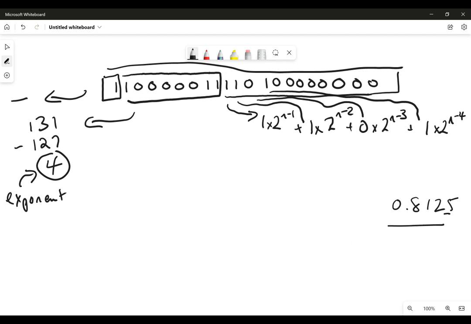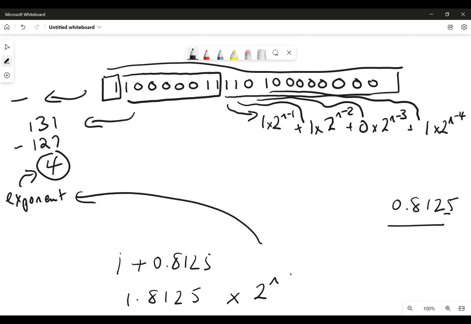Okay, so from this now, to get our answer, it's always going to be 1, add your mantissa, so 0.8125. So let's just call it 1.8125 times 2 to the power of your exponent, which is 4. 2 to the power of 4.